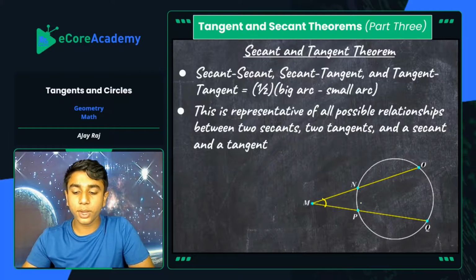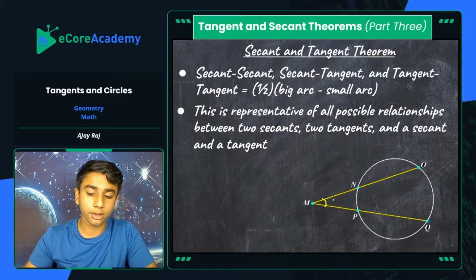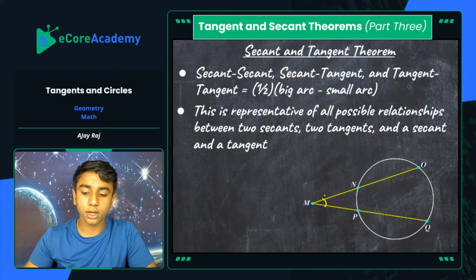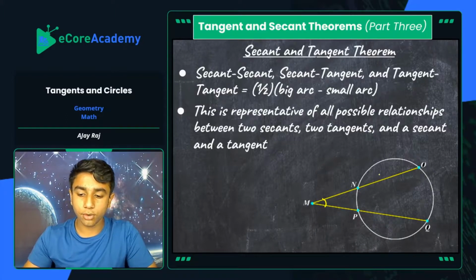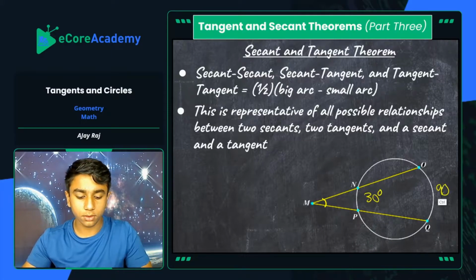The way to do that is, if we know the values of arc NP, and we know the degree measure of OQ, we can automatically figure out the measure of angle M. So if we know that arc NP is 30 degrees, and we know that OQ is 90 degrees, or a perfect right angle, what is the value of angle M?